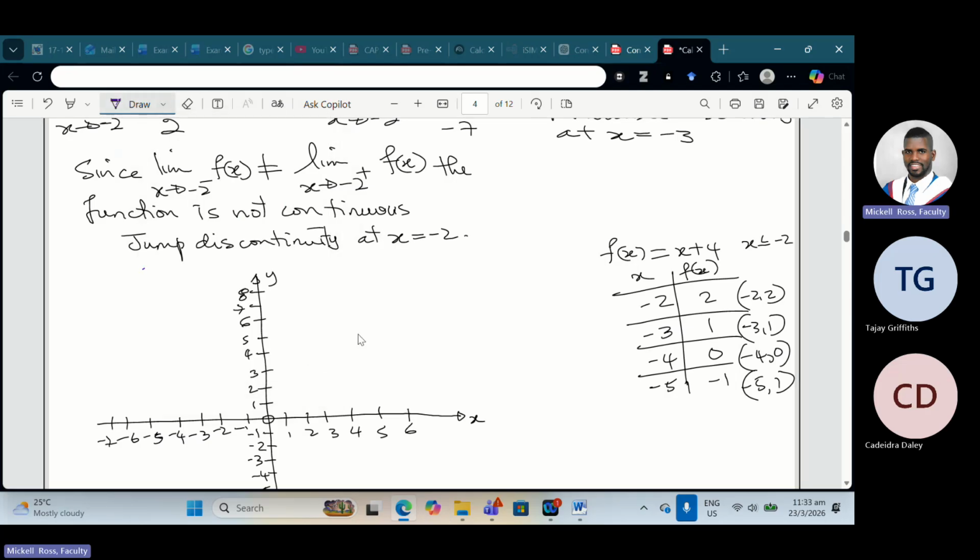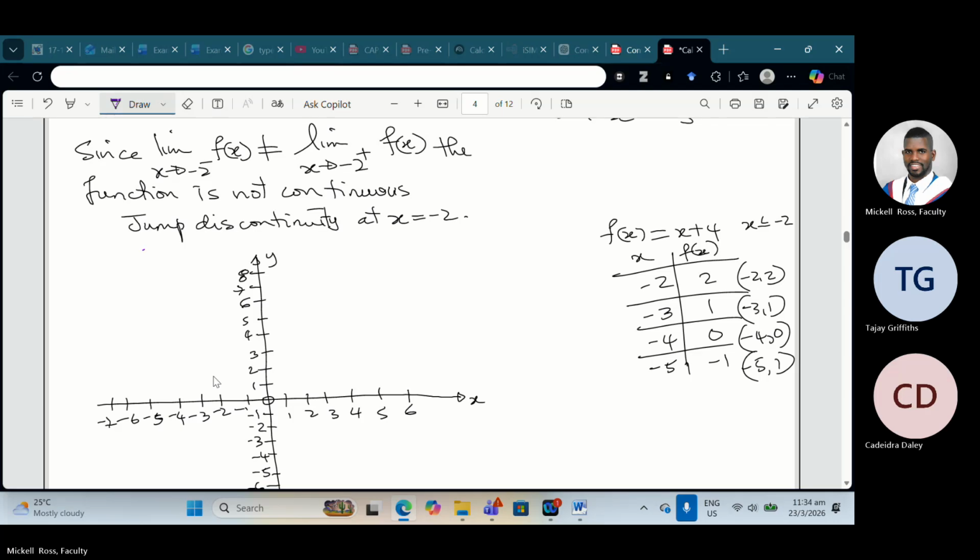So negative 2, 2. We have a solid bubble to start because it says x is less than or equal to negative 2, so it's equal to it, so we use a solid bubble.